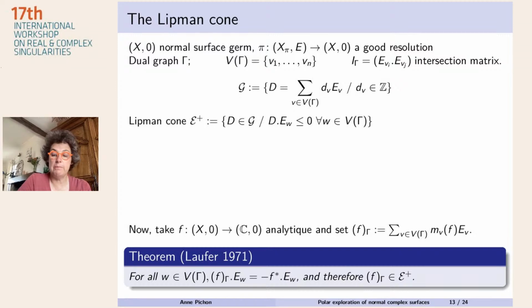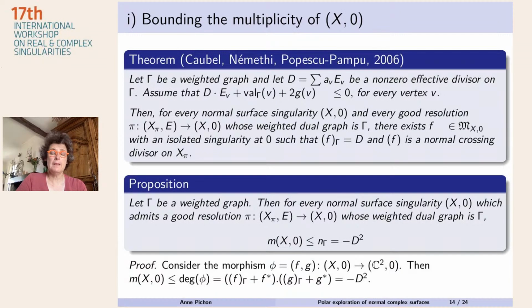And so it is a problem if we want to bound the multiplicity. So for example, if we want to see who is the generic linear form on X. But there is a very nice theorem by Kollár, Némethi, and Popescu-Pampu, which tells you the following.